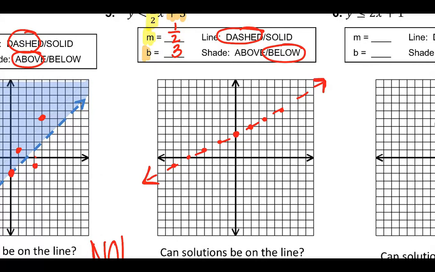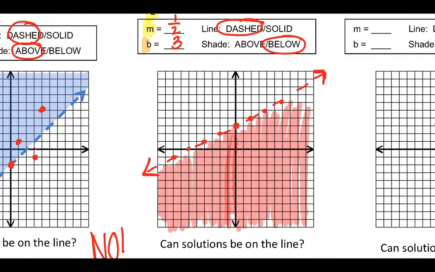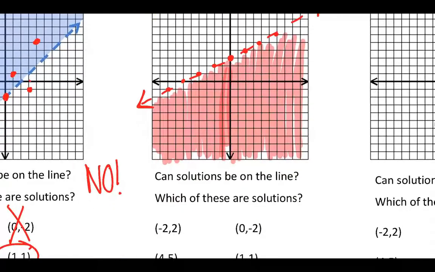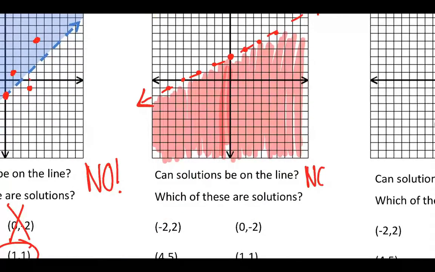Then I look at where I'm shading below. So I'm going all underneath this line and shading. Okay, it is a dash, so can solutions be on the line? No. Which of these are solutions?